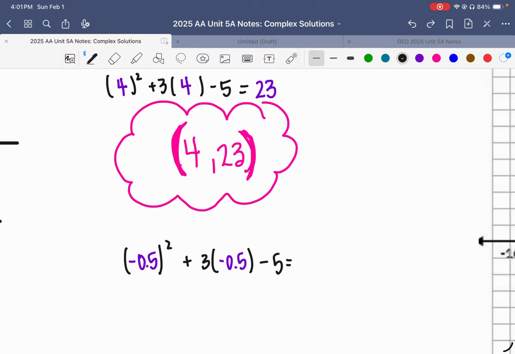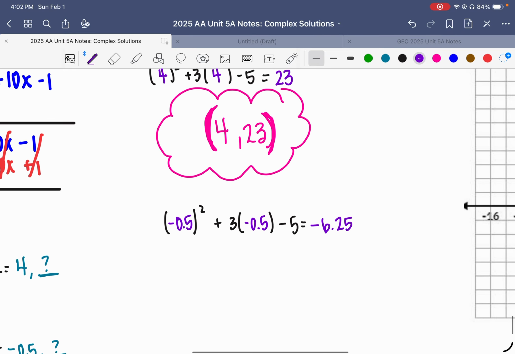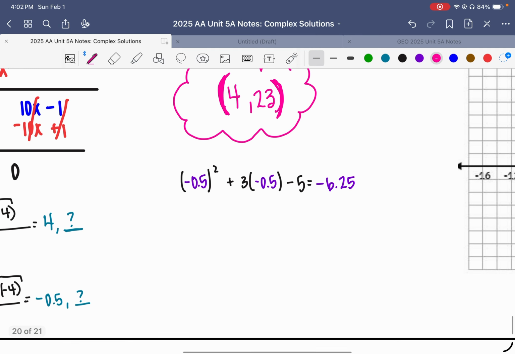Yes. Plus 3 times negative 0.5 minus 5, and that gives me negative 6.25. So my solution again would look like negative 0.5 comma negative 6.25.